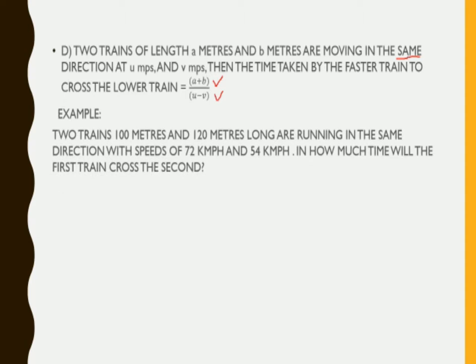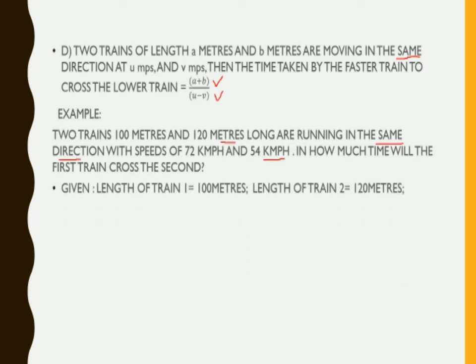Two trains, whose lengths are given, are running in the same direction and their speeds are given. We have to find the time taken by the first train to cross the second train. Look at this problem. The length of the trains is given in meters and the speed of the trains is given in kilometers per hour. So what you have to do is just convert kilometers per hour into meters per second and apply it in this formula directly to get the answer.